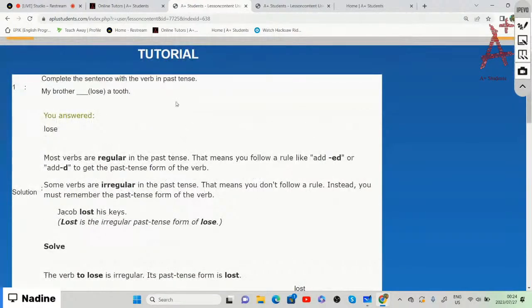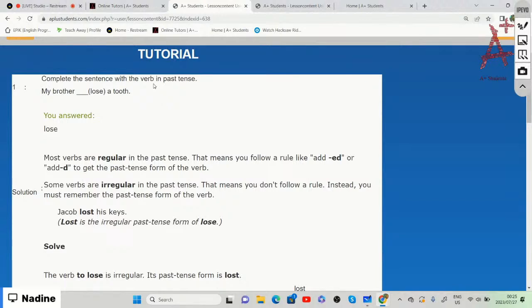Before we go to the example, let us complete the sentence with the verb, right? It says, my brother lose a tooth. So if you lose a tooth, we need to find the past tense form of that word lose.